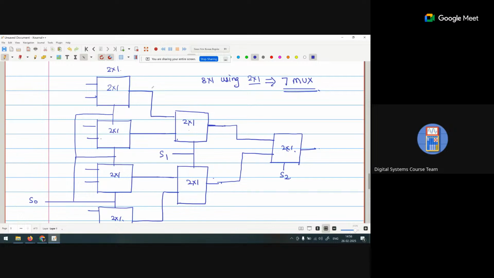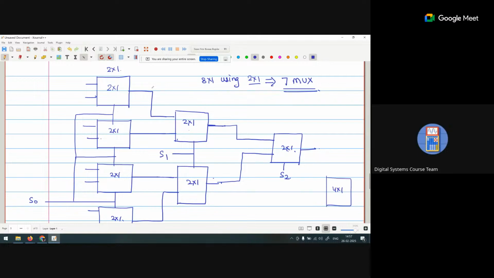Any doubts? Sir, in the case of selecting the lines, we go from LSB to MSB, and for the other condition that you said goes from MSB to LSB, what was that?